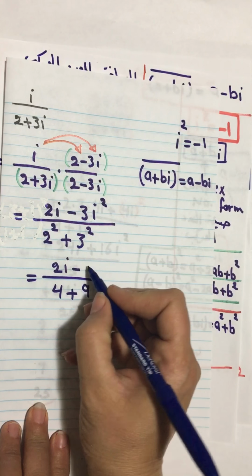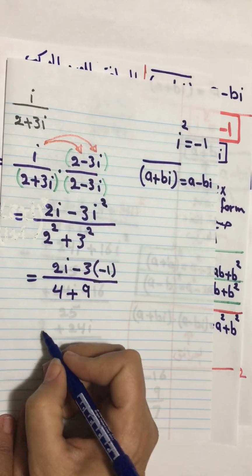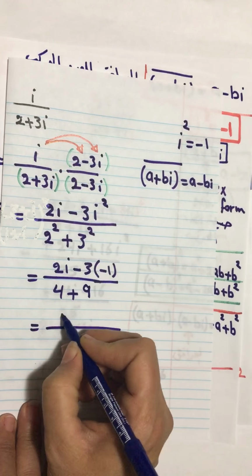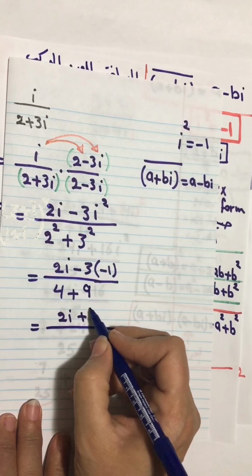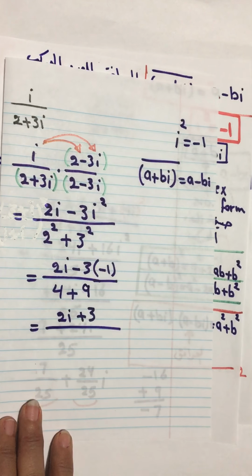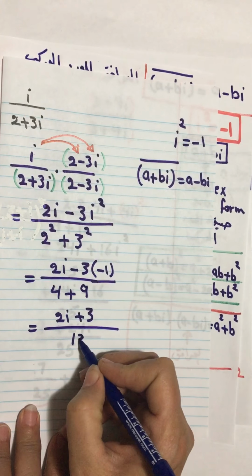It means 3 times -1 equals 2i. Negative times negative, positive, 3 times 1, 3. 4 plus 9, 13.